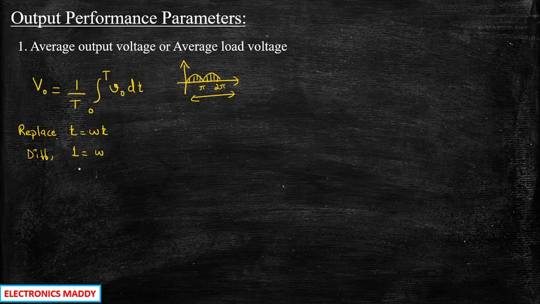So 1 is equal to omega. Can we write this 1 as 2 pi f? Omega can be written as 2 pi f. Now, can we write this as 1 over f is equal to 2 pi? But we know that 1 over f is nothing but the time period T. So basically T is equal to 2 pi.